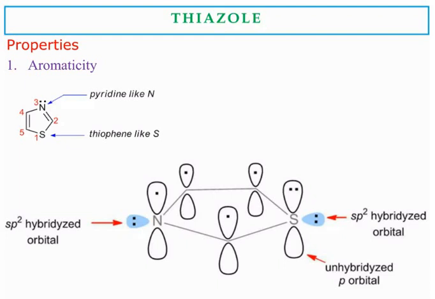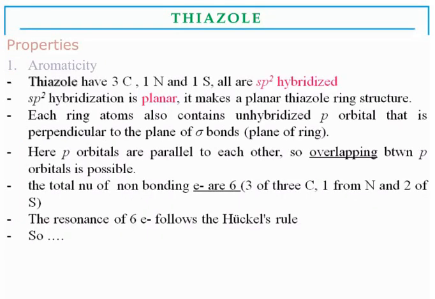Now you can see here the unhybridized p orbital and the sp2 hybridized orbital. Now the properties like aromaticity.